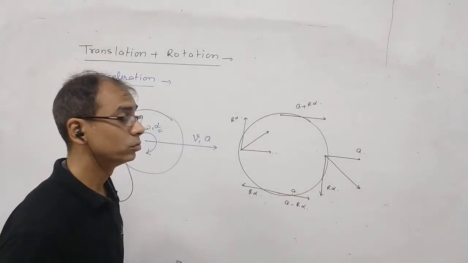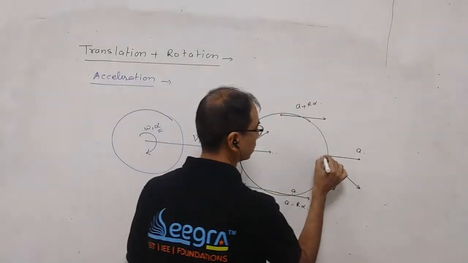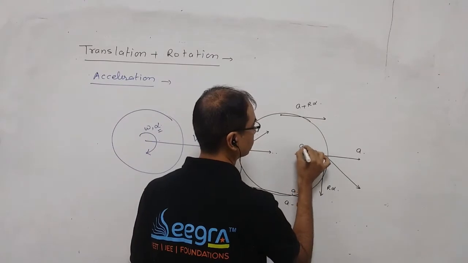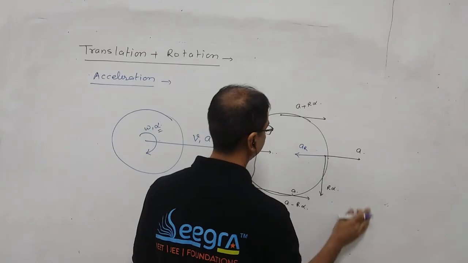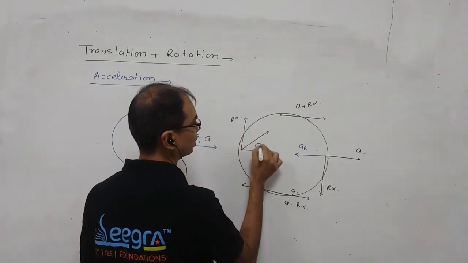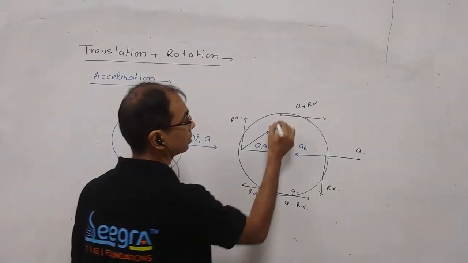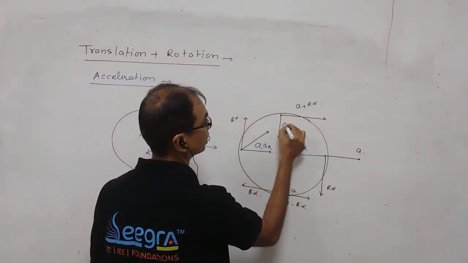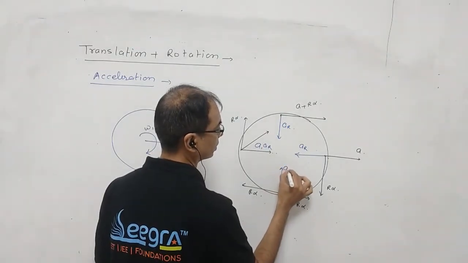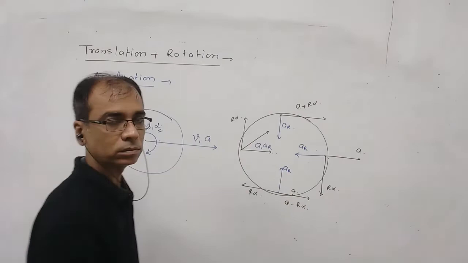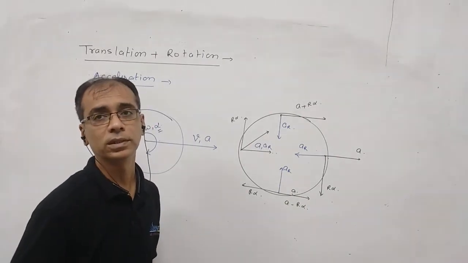So I have to show that also. In this direction your radial acceleration is also there. This is A, and with that radial acceleration is also there. Here also there is radial acceleration like this, and here also like this. Everywhere radial acceleration is there, acting towards the center.